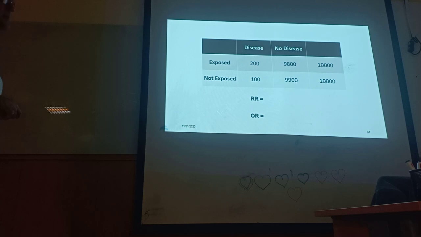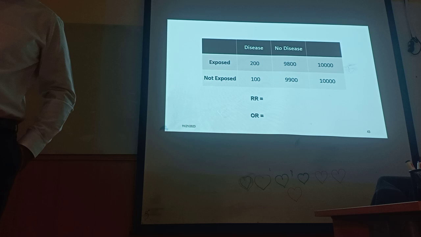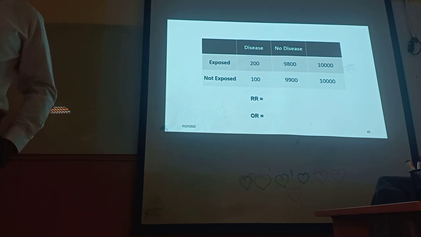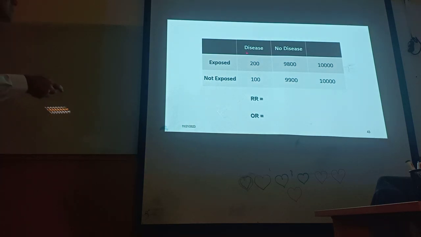Would you please calculate risk ratio? How did you calculate? 2% over 1%. Okay, so risk ratio is 2. What about odds ratio? How did you calculate odds ratio? 200 multiplied by 9,900 divided by 100 multiplied by 9,800.